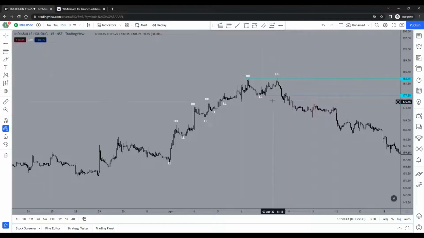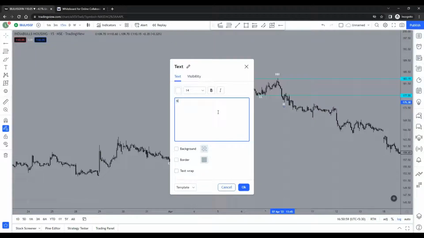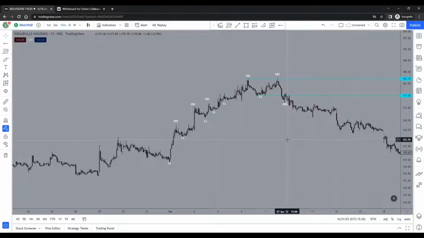Once this lower low has been broken, the trend has been reversed. Now we are in a downtrend, and this lowest point which has been created will be called the new structure low, right? Because the lowest position which was leading to the highest position has been breached.